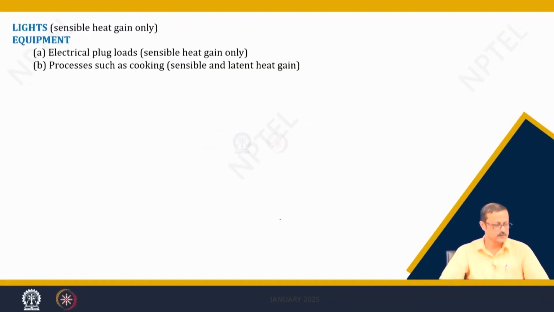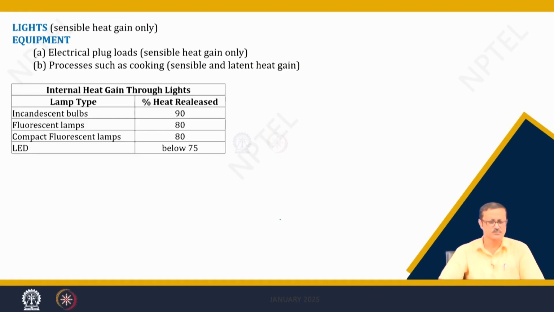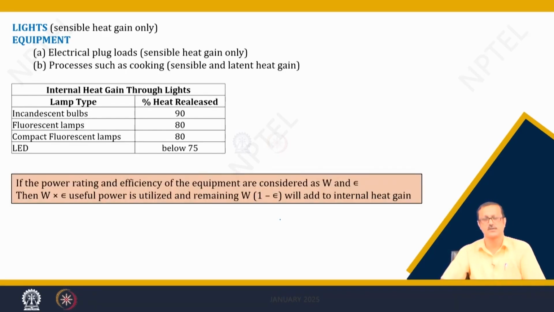Similarly, the equipment or the light will radiate some kind of heat. In case of, suppose, the incandescent bulb, 90% heat will be released and 10% will actually be used for the light. Similarly, the fluorescent is 80%. Also for the equipment, the equipment will have some kind of power.